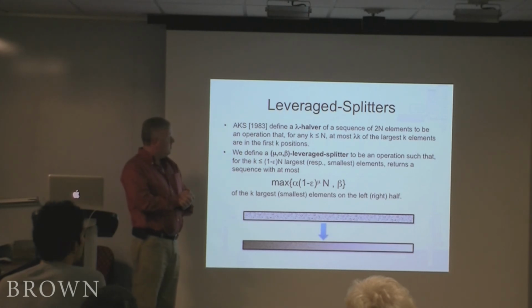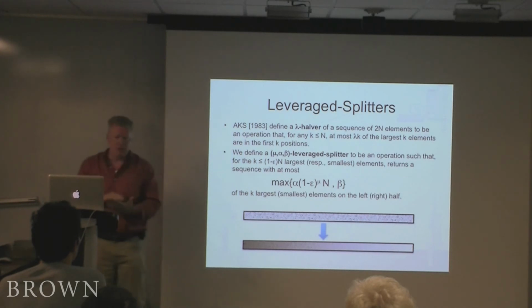You sort them in increasing order? Yeah, in this case, going in increasing order in all the pictures. That's right. So instead, I define something related to that, but not exactly the same: a mu alpha beta leverage splitter.